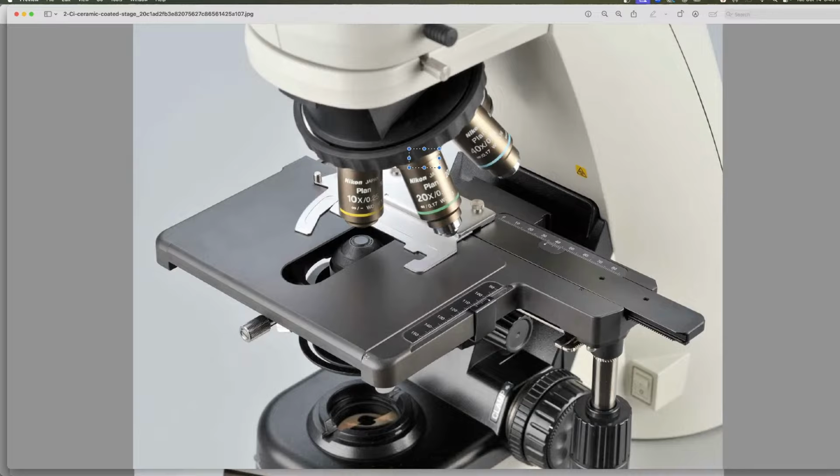Then you close the field diaphragm at the bottom, and just until you see the edges of the diaphragm come into view, you adjust the condenser focus, which is the up and down movement of the condenser, until the field diaphragm becomes sharp, until basically you are aligning these conjugate planes.